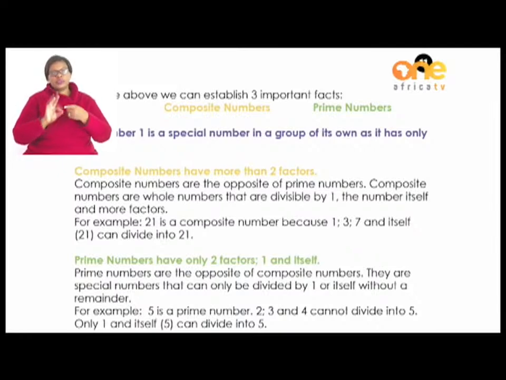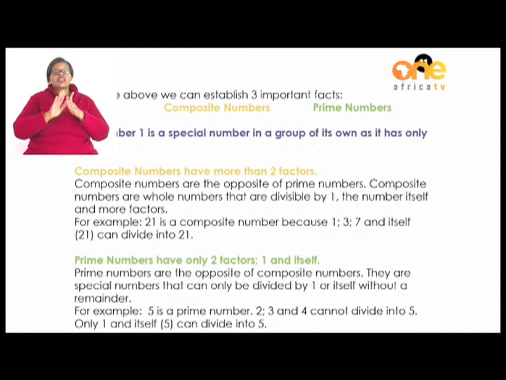All right? Now, it says there that the number 1 is a special number in a group of its own, and it has only 1 factor. Now, this number 1 has created a lot of controversy because a lot of learners say it's a prime number. Some say no, it's not a prime number. We will look into that.